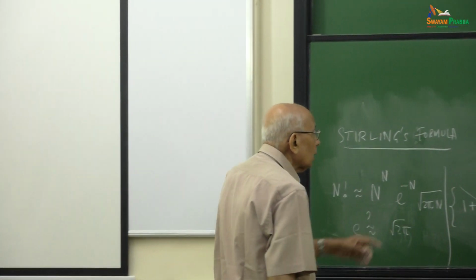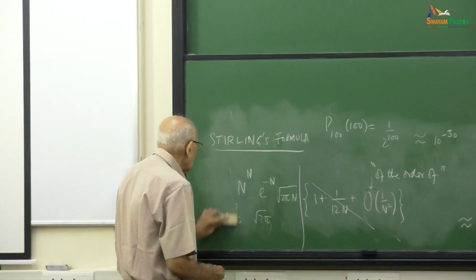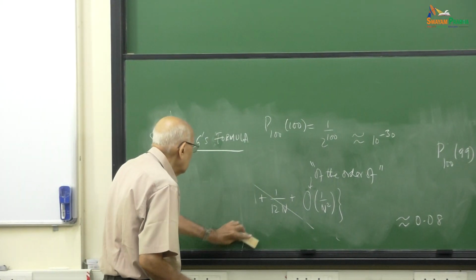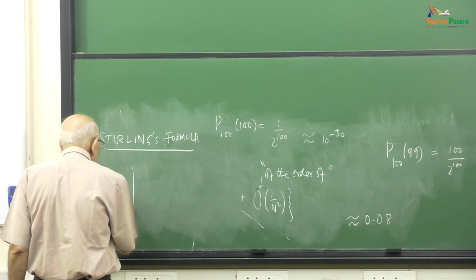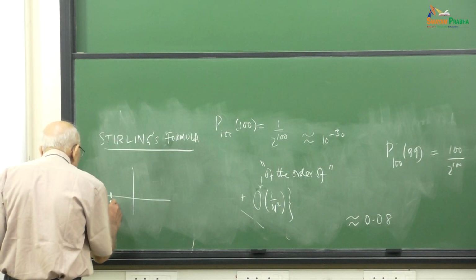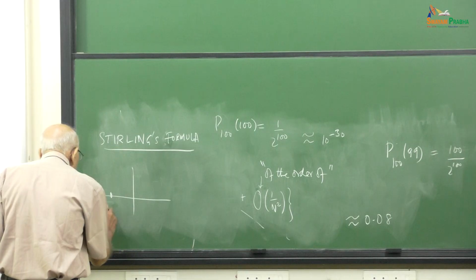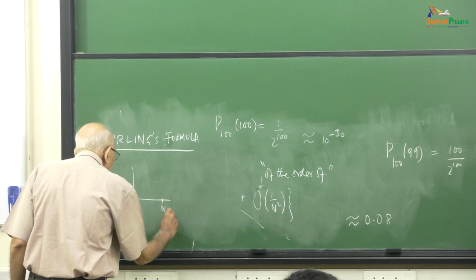And if you use that, you can compute this number. And if I plot this, you're going to get an interesting distribution. If I plot it in the fair coin case, for instance, this would be all tails, n equal to 0, and this will be n equal to h.